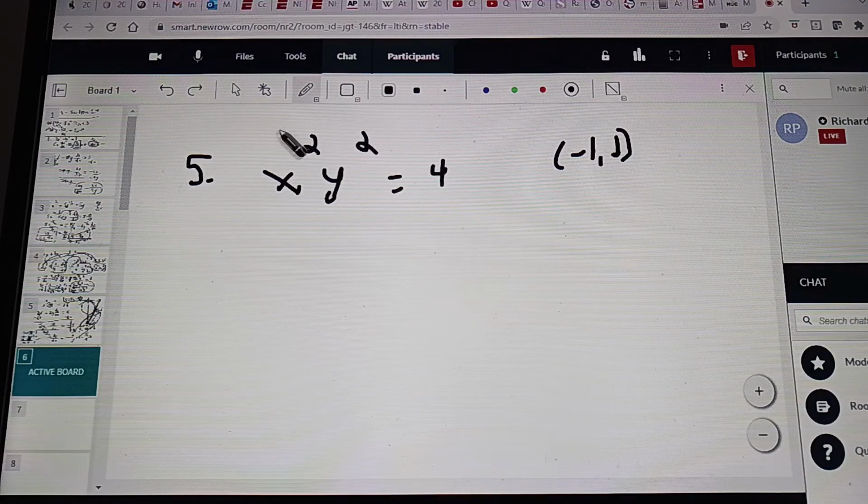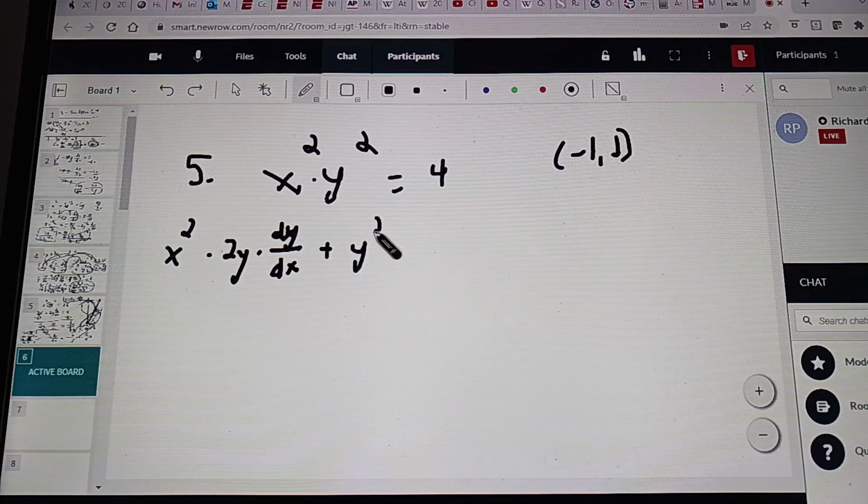I'm going to do the derivative of this, but that's a product rule. So I have to do first times the derivative of the second, which at first is 2y, but then you need a dy over dx attached to that. What's dy over dx? First times derivative of the second plus the second times the derivative of the first, which is just 2x.